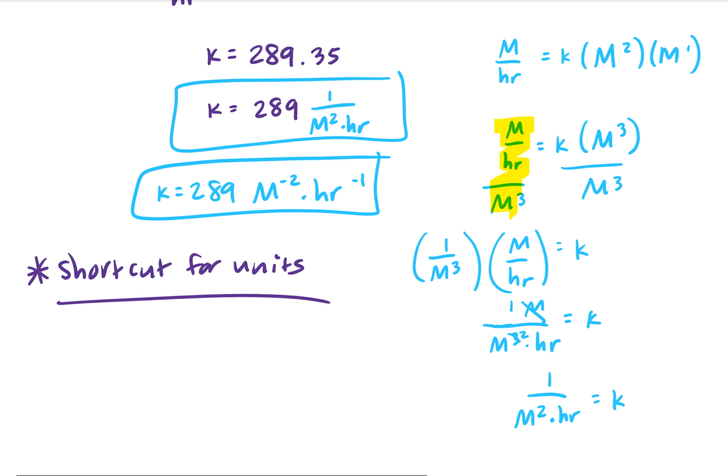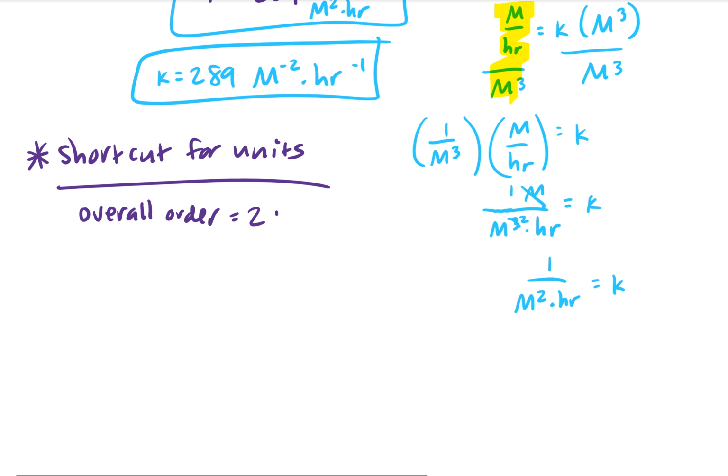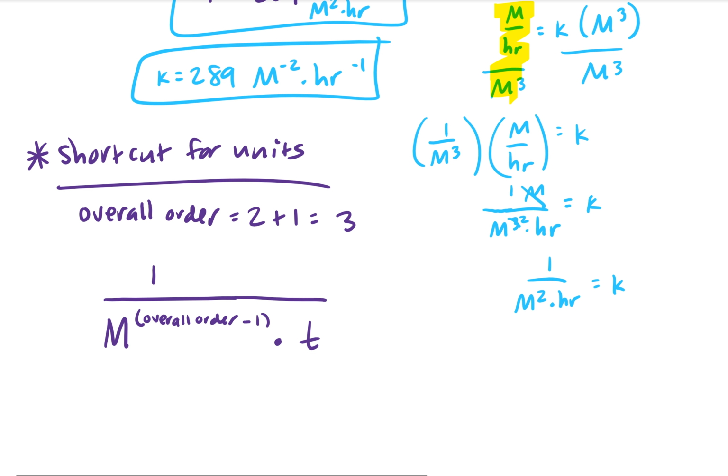First of all, determine your overall order. Our overall order is 2 plus 1, which is 3. The unit on k will always be 1 over molarity raised to some power, and it's going to be the overall order minus 1 every single time, and then times your unit of time.